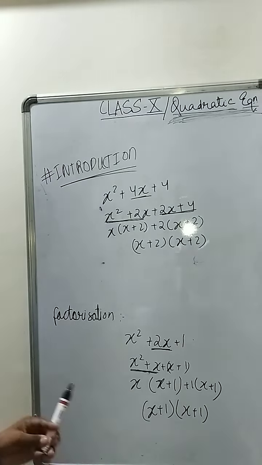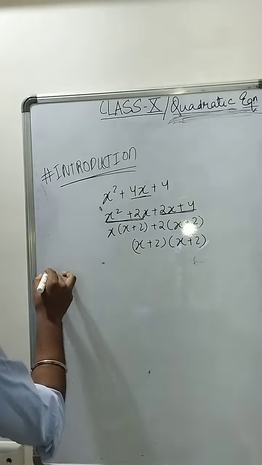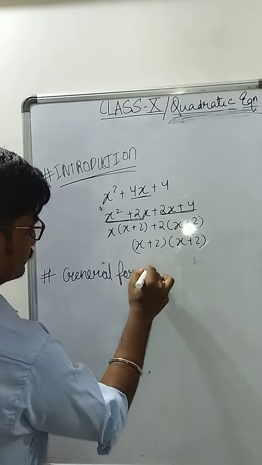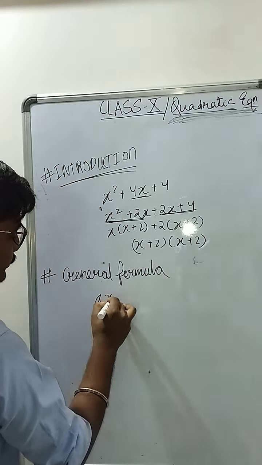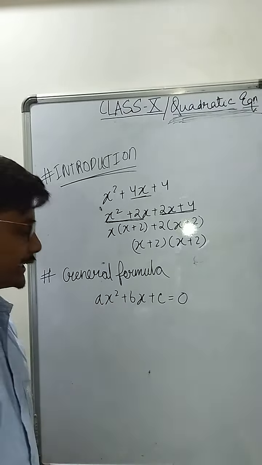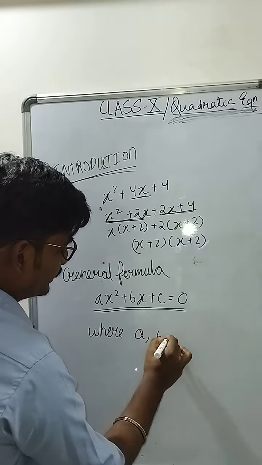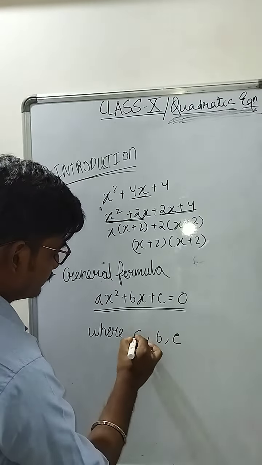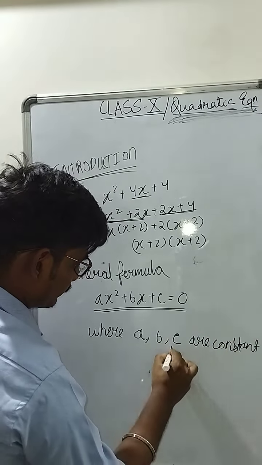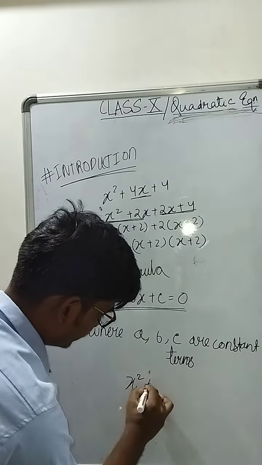So let's see what is the general formula of the quadratic equation. ax square plus bx plus c equal to 0 is the general form of a given quadratic equation, where a, b and c are constant terms, and a will not be equal to 0.